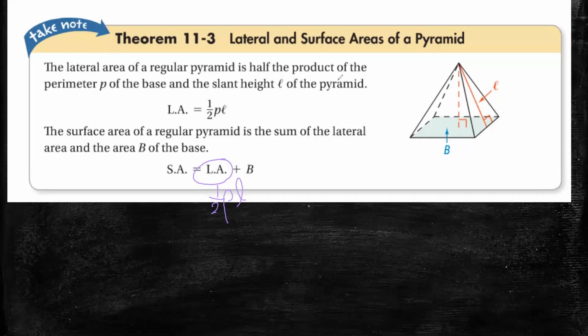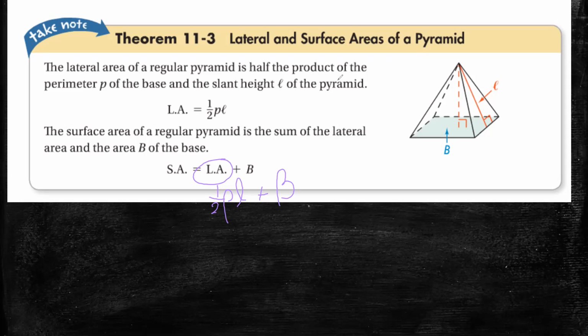The slant height is the altitude of the lateral face, because I'm talking about the lateral area. Now, since I have only one base, I add the area of the base.